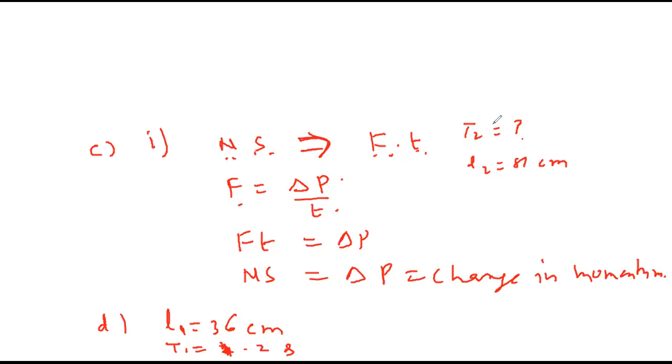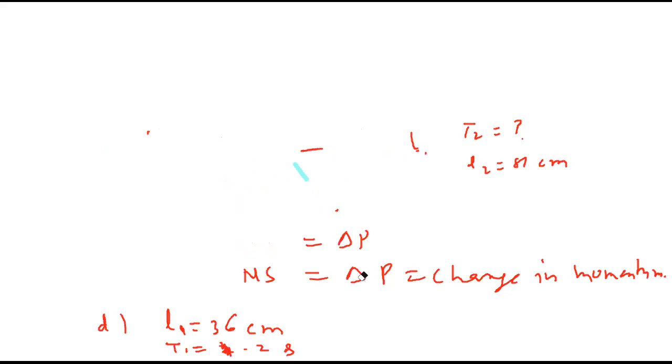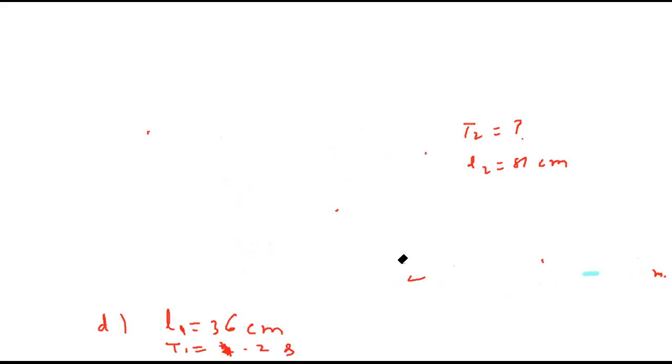What is the time period of pendulum formula? Amplitude is called maximum displacement, but the time period of a pendulum is 2 pi root L upon g.